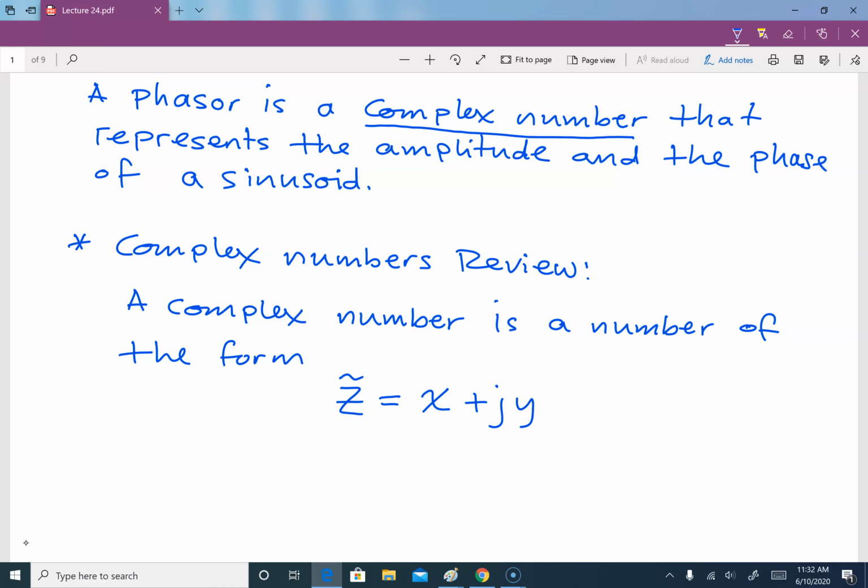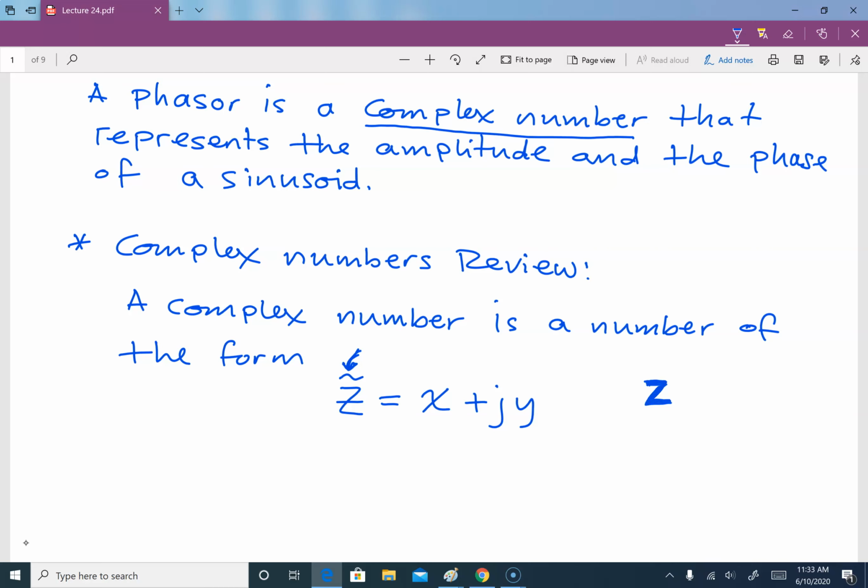Now if you look at this, we used a tilde at the top of the letter just to distinguish it from just a value or a constant value. In your textbook, a complex number will be in bold letter.